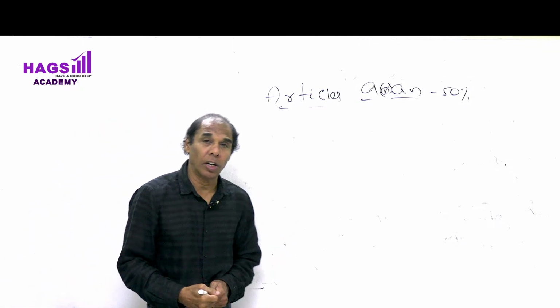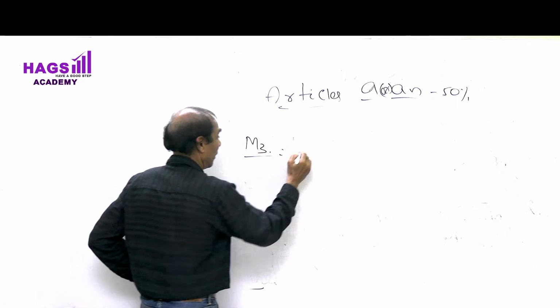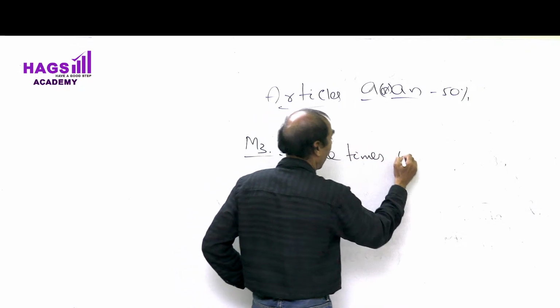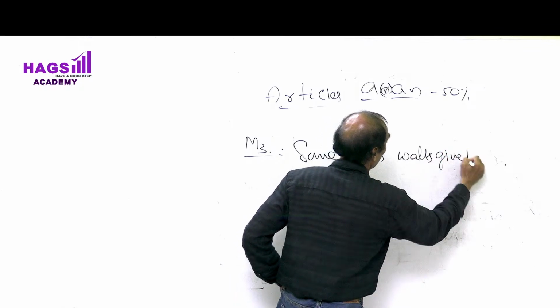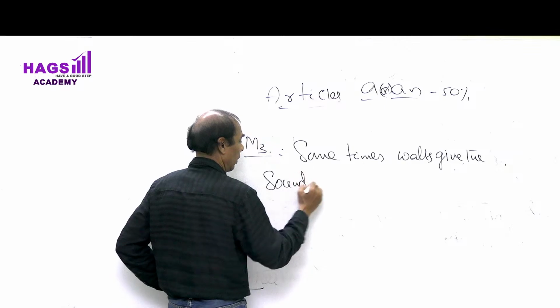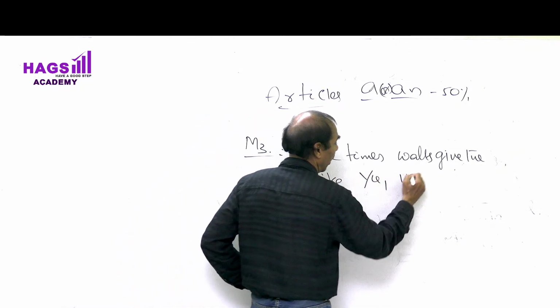This is model number 2. Model number 3. Sometimes vowels give the sound like "you", "wow".